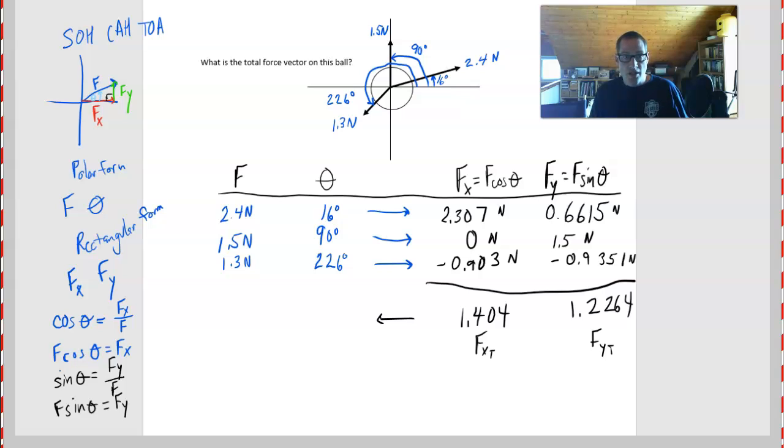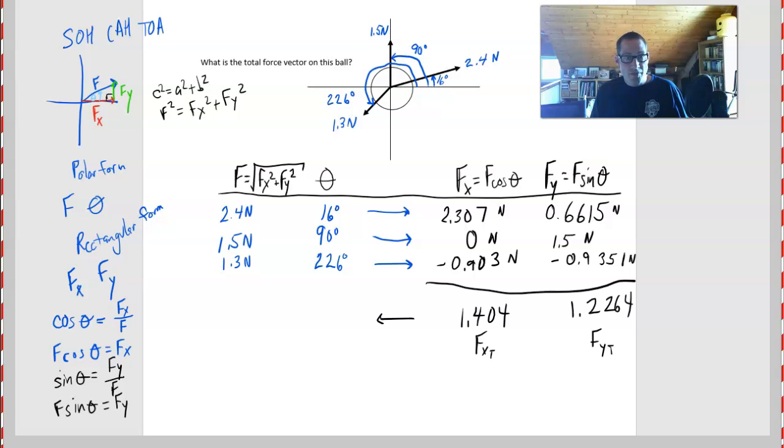Well, this is the same thing as c squared equals a squared plus b squared. So F squared is equal to f of x squared plus f of y squared, and therefore F is equal to the square root of f of x squared plus f of y squared.